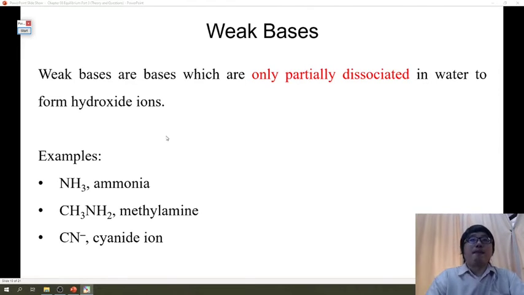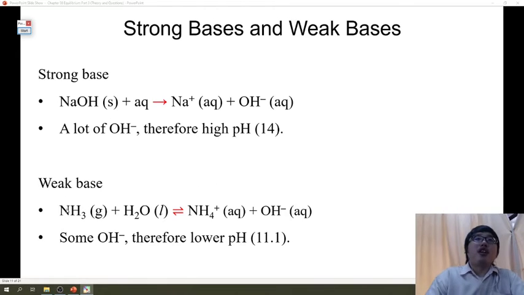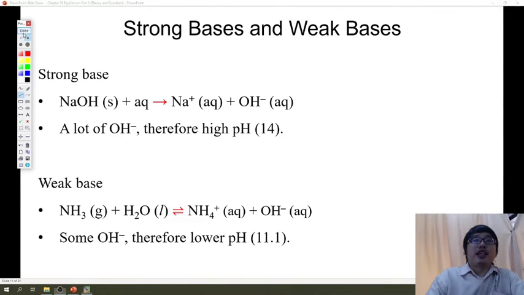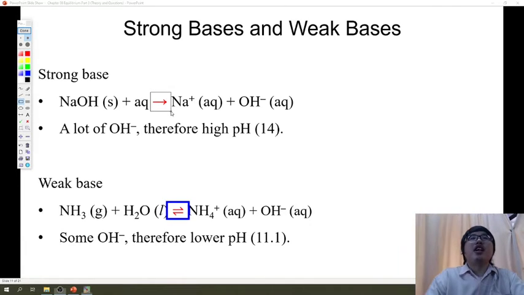For example, ammonia, methylamine, cyanide ion. Like ammonia, if you put it in water, you are going to form ammonium hydroxide. Again, take key note, it is an equilibrium process, whereas a strong base reaction is irreversible.